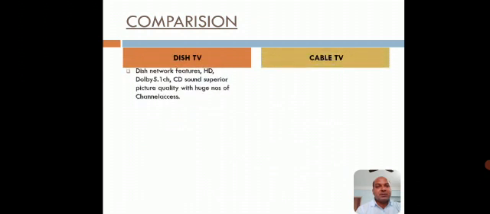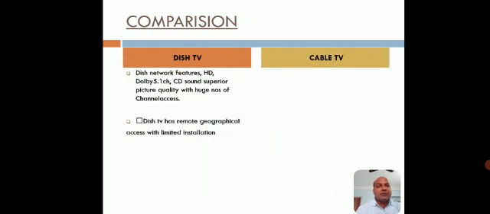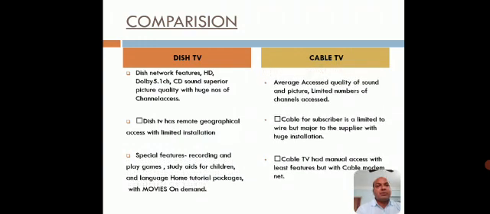The comparison: Dish network features HD Dolby sound, CD sound, superior picture quality with huge numbers of channels accessible, whereas cable TV has average sound and picture quality, with a limited number of channels. Dish TV has remote geographical access with limited installation.